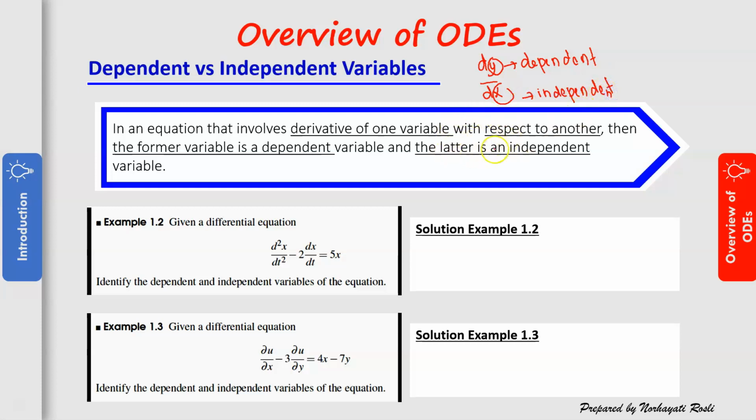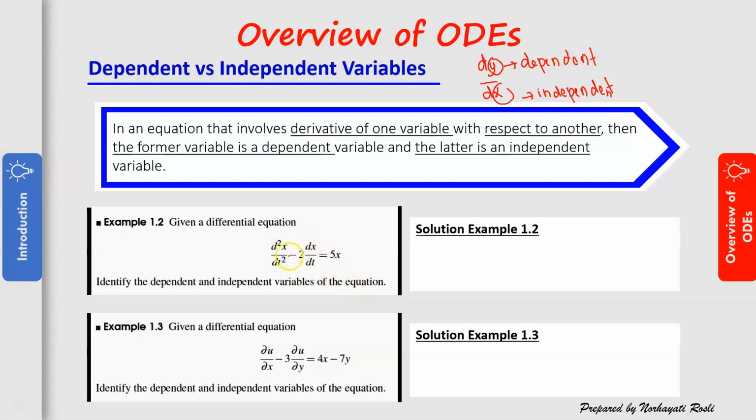So this definition means that for the derivative of one variable with respect to another, the derivative of y with respect to x, y is dependent and x is independent. We go to this example 1.2. Given a differential equation, identify the dependent and independent variables of the equation.